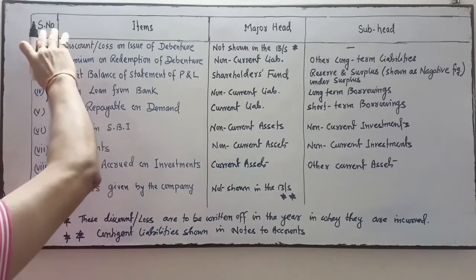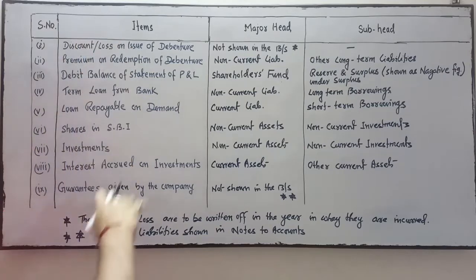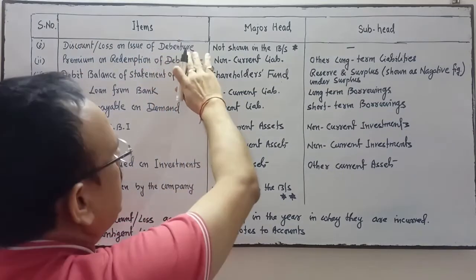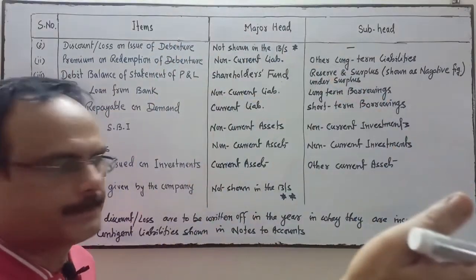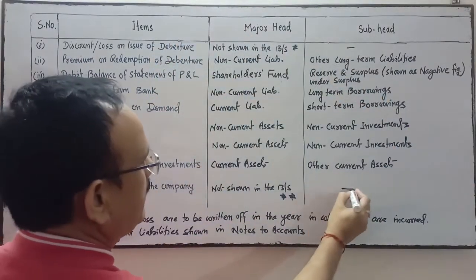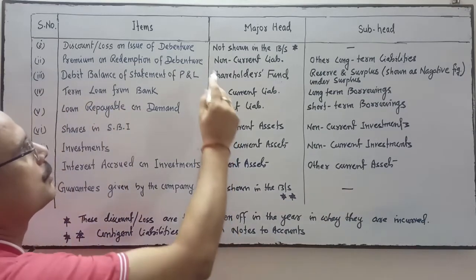So this way you have to write. First, you write the serial number and items. Thereafter you decide under which heading and which subheading the particular item comes.